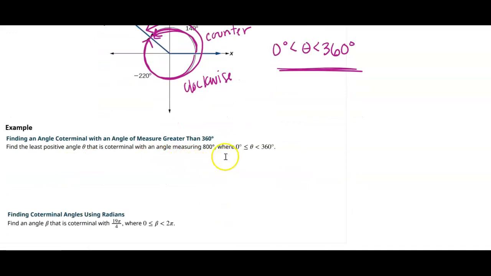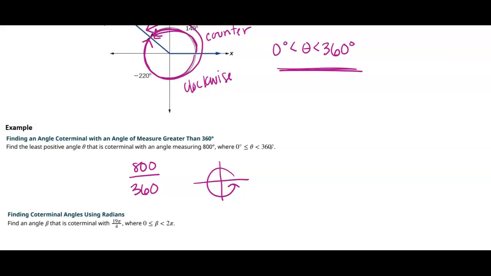If I want to look at trying to figure out where 800 is in terms of 0 to 360, then what we might want to do is divide that by 360. How many 360 rotations does this have? Well, 360 times 2 would be 720.